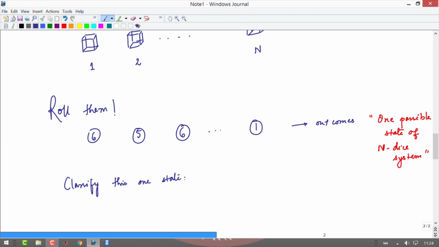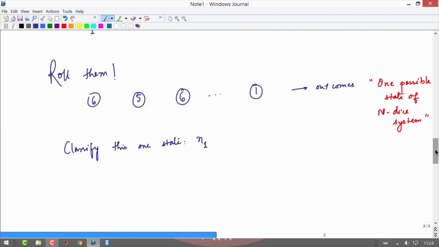You can say that this one state can be classified by counting the number of 1s, the number of 2s, the number of 3s, and up to the number of 6s. So, you can say how many dice give you the outcome 1. That is n1.